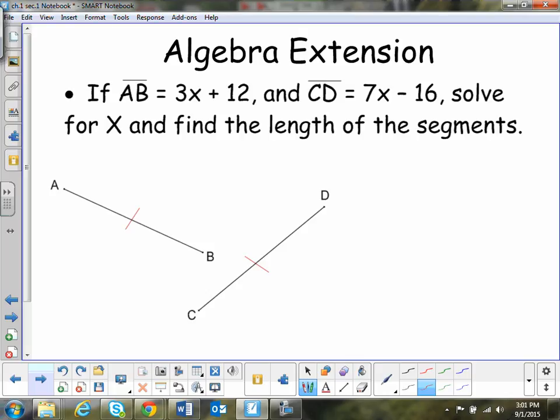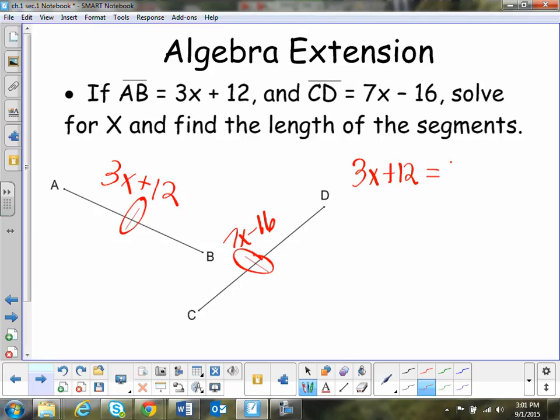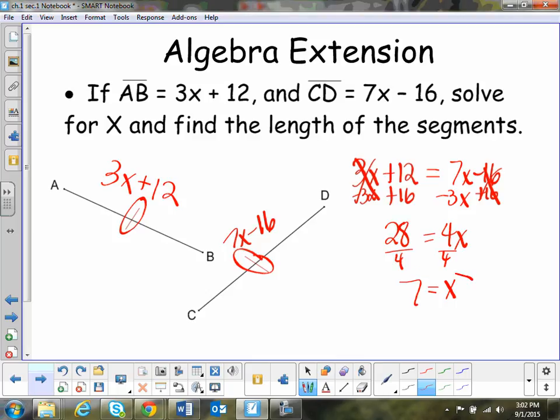Okay, these right here are 2 congruent segments because of this right here. All right, this one is 3x plus 12. This one is 7x minus 16. So in order to find the length of x and the segments, what do we do with these 2 algebraic expressions? 28 on the left, 4x on the right, divide by 4, x equals 7.